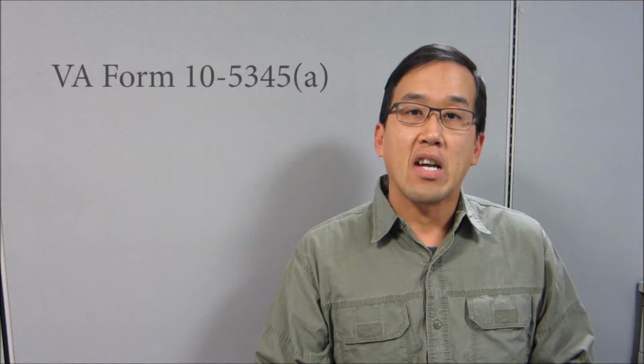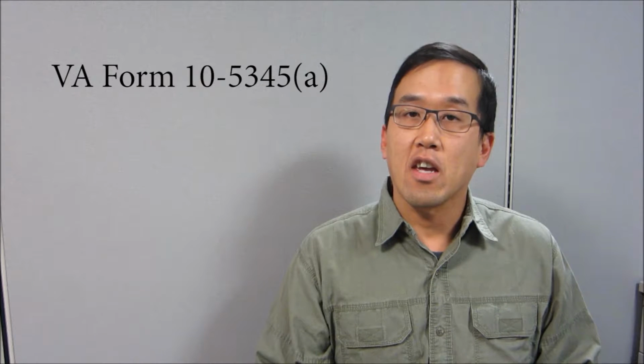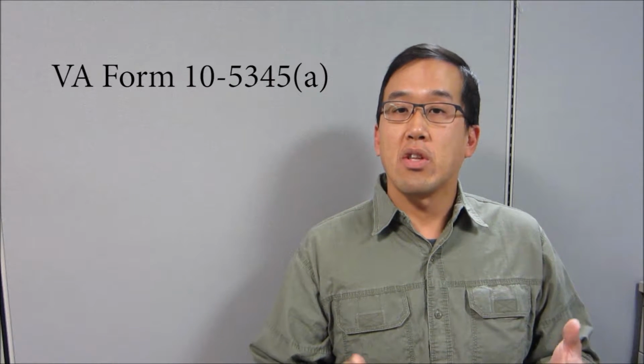If you just want to request your own records from the VA, like you're the veteran in question and you want a copy of all the medical files the VA has on you, you can use the Form 10-5345A.